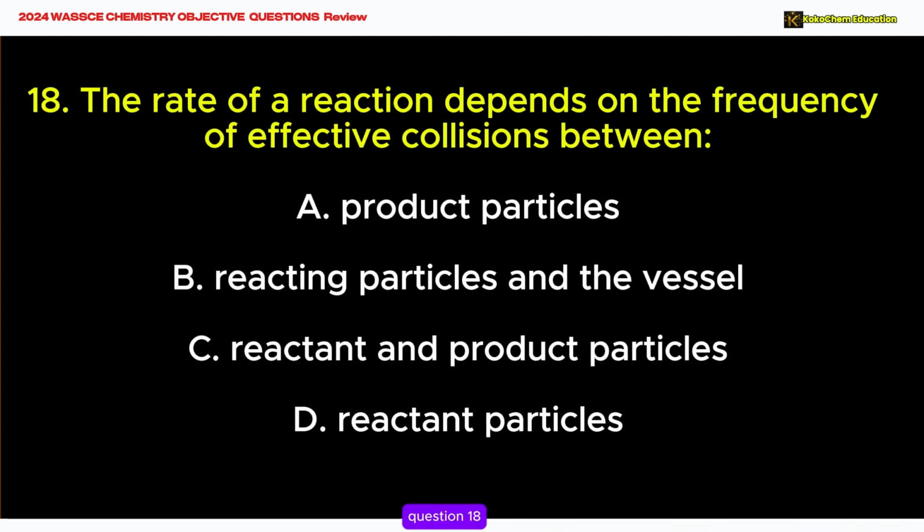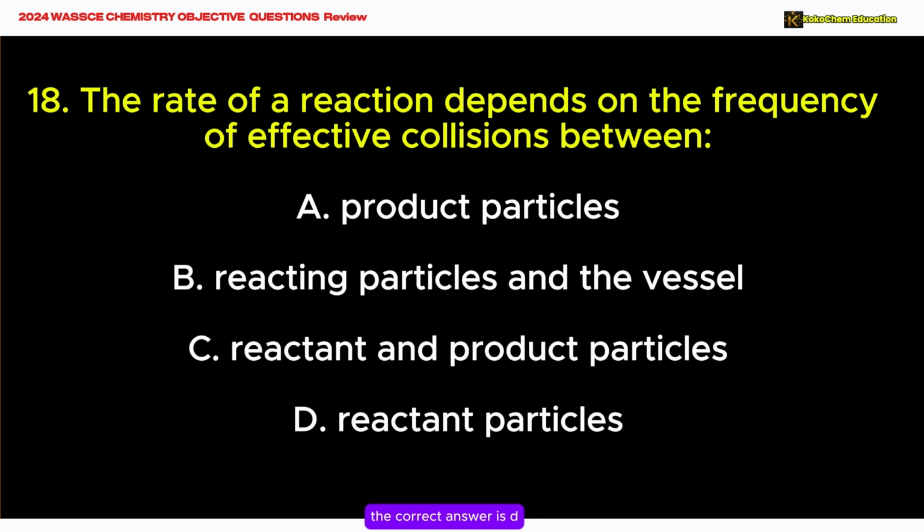Question 18. The rate of a reaction depends on the frequency of effective collisions between A. Product particles, B. reactant particles and the vessel, C. reactant and product particles, D. reactant particles.